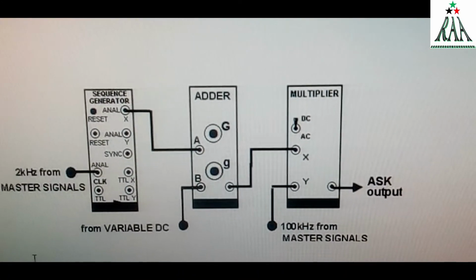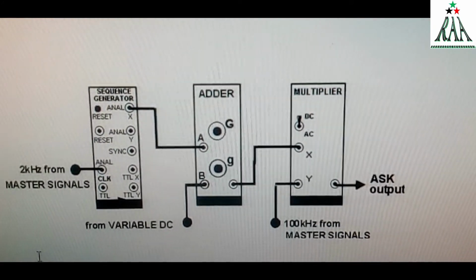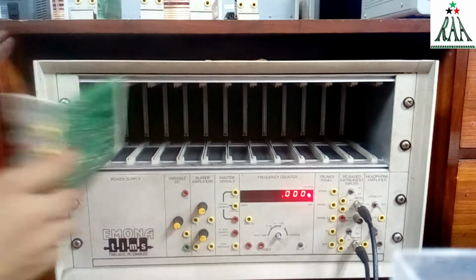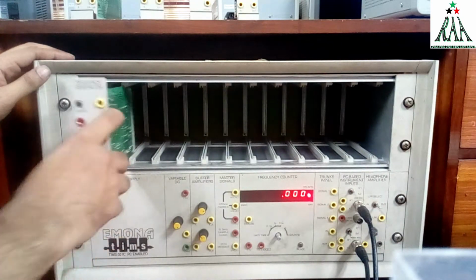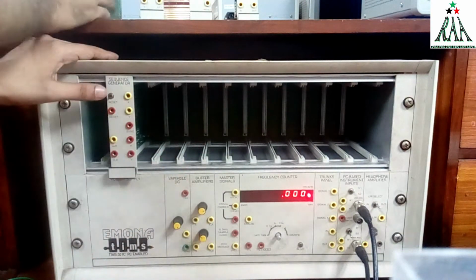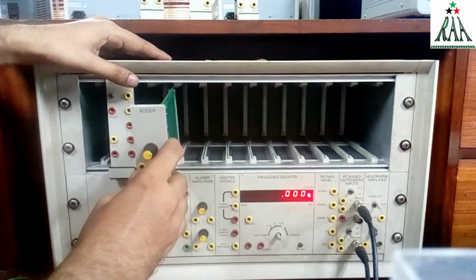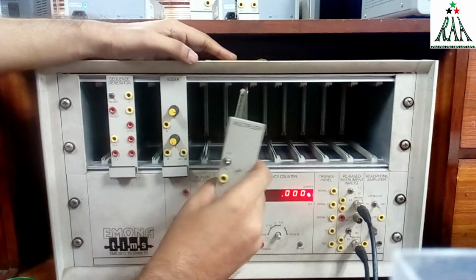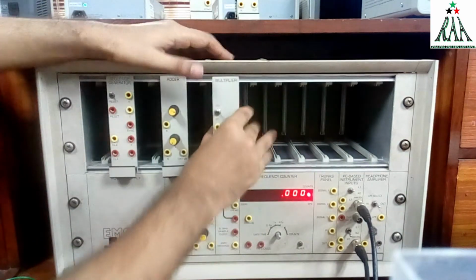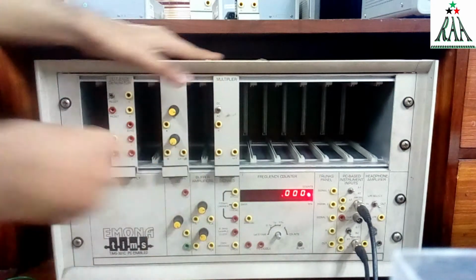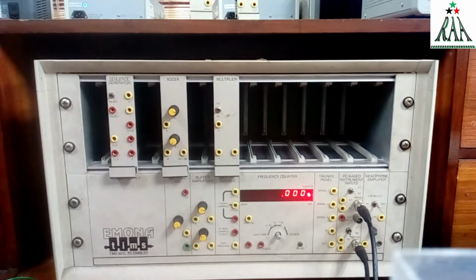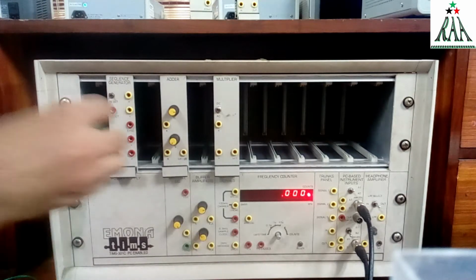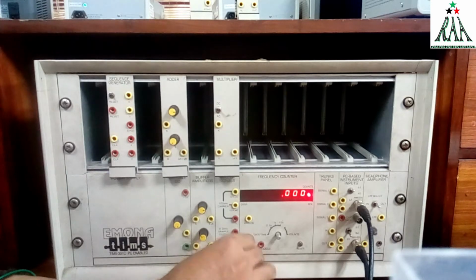Now we will implement this circuit on hardware. As we saw in the schematic diagram, we will use a sequence generator, our adder, multiplier, and a message signal of 2 kHz.